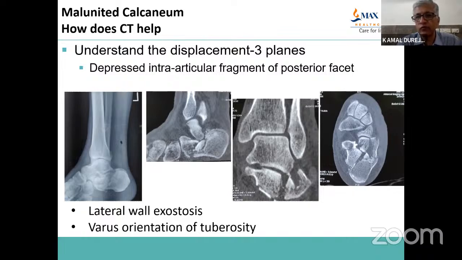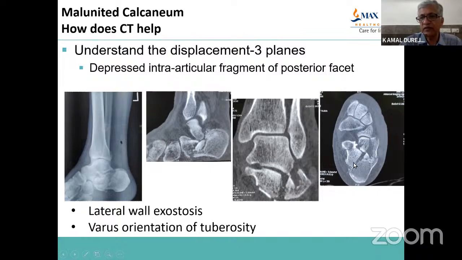Like the sagittal view here is telling you the depressed posterior facet, and the coronal view in the broadest talus view is showing you the blown out part of the lateral wall of calcaneum, and this fragment, which is the lateral wall, has come to lie under the fibula.